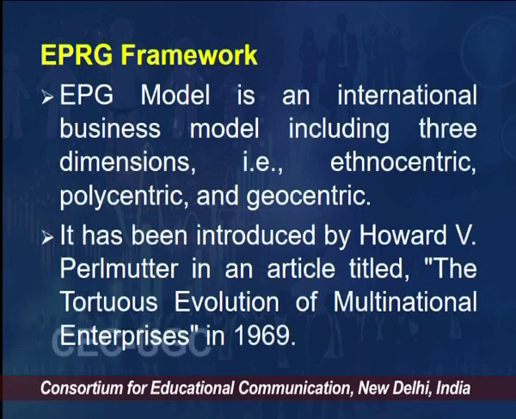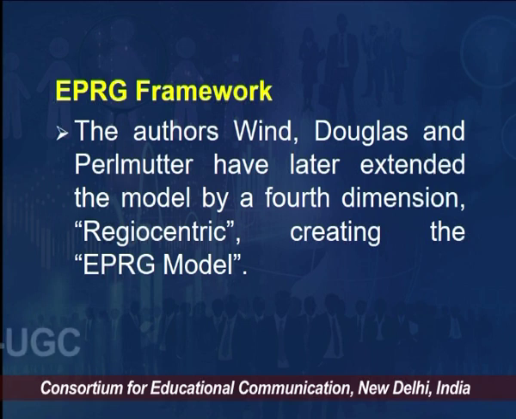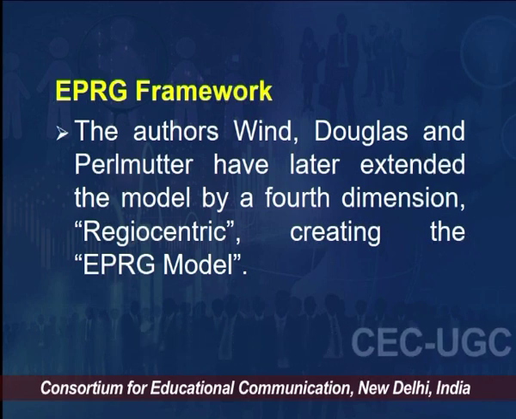It was introduced by Howard V. Perlmutter in an article titled The Tortuous Evolution of Multinational Enterprises in 1969. Later, the authors Wind, Douglas and Perlmutter extended the model by a fourth dimension, that is regiocentrism, creating the EPRG model.